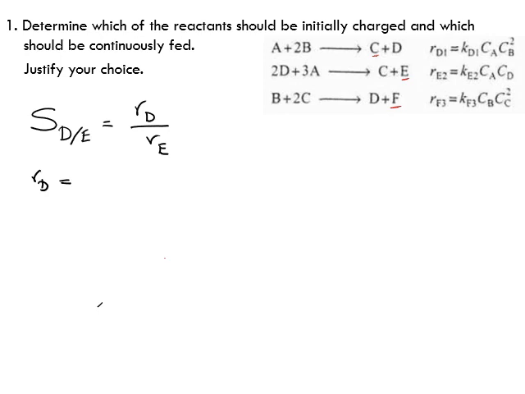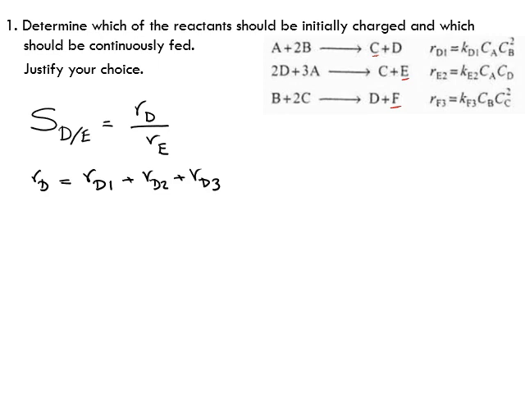all three reactions. So we write RD equals RD1 plus RD2 plus RD3, and the equation for RD1 is given. RD2, well, RD2 is related to RE2. How can we relate it? Well, very simple.